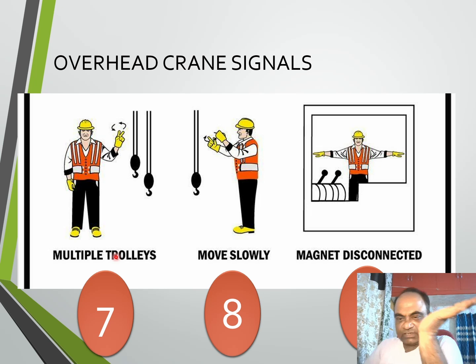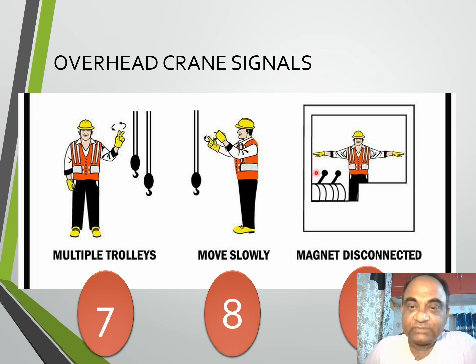So how can I tell you? Upward. Here in the picture, he has kept it facing the lower direction, but he has to keep his palm upward. So that is how this signal is made. This signal is shown to the operator, and as I told you, it is the only signal that the operator gives from the cabin.